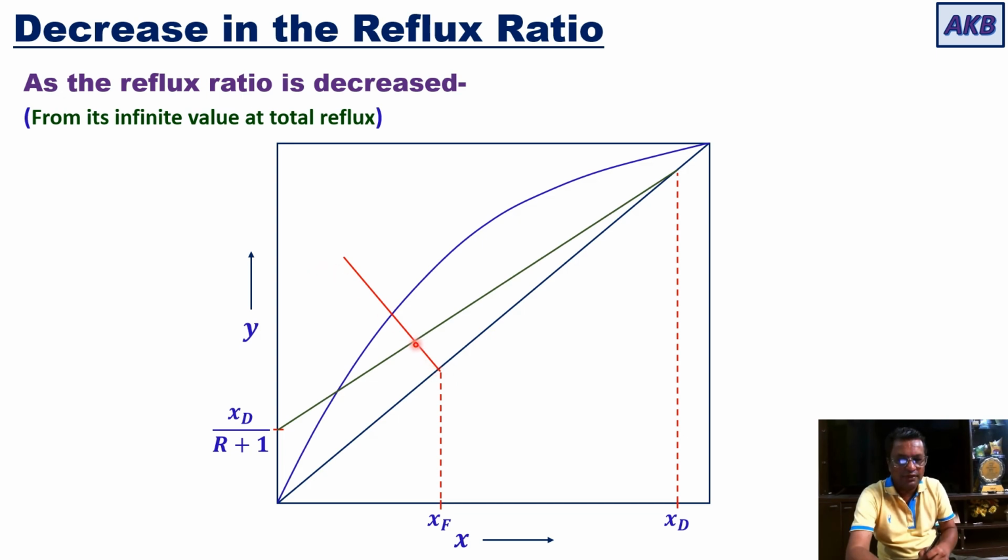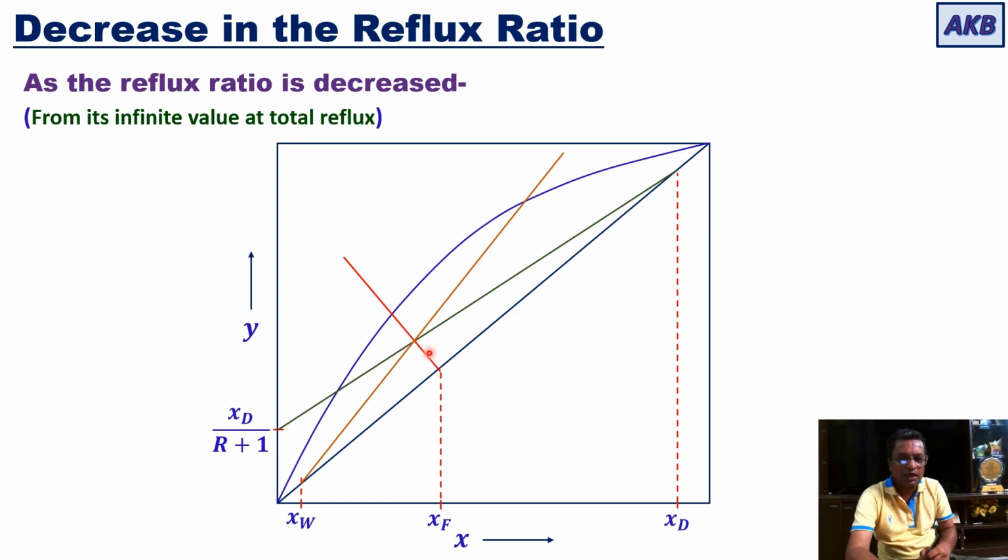So here there is an intersection of the rectifying section line with the feed line or the Q line. Then the stripping section line starts at a point on the diagonal which has coordinates of xW, xW, and then it will pass through the point of intersection of the Q line with the rectifying section line.